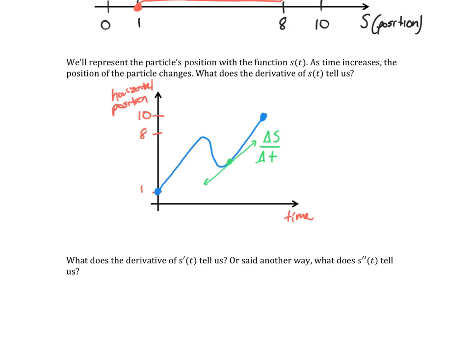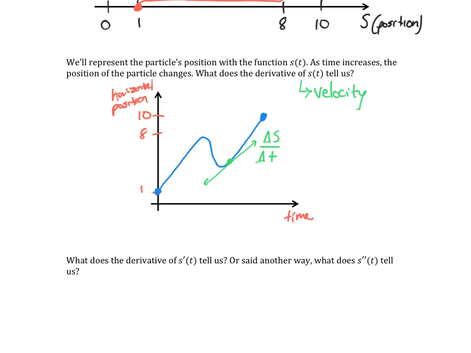When we think about the slope of a line, if time is on the x-axis and horizontal position is on the y-axis, a slope would be the change in s, or the change in horizontal position, over the change in time. If you think about that, the change in position over change in time is just another way to represent velocity.